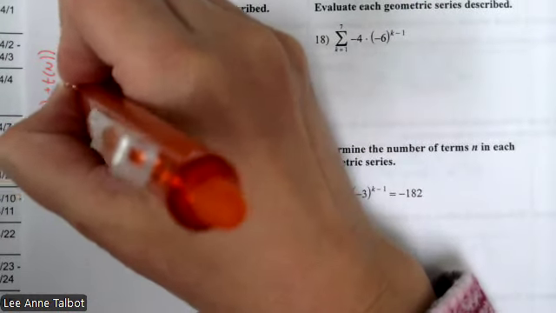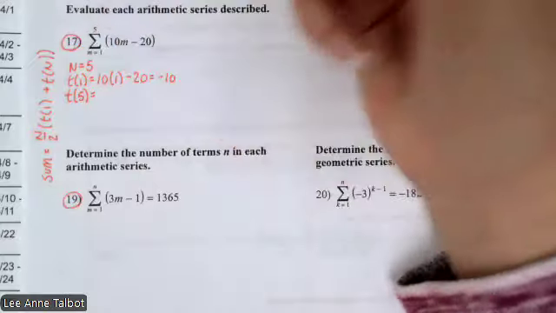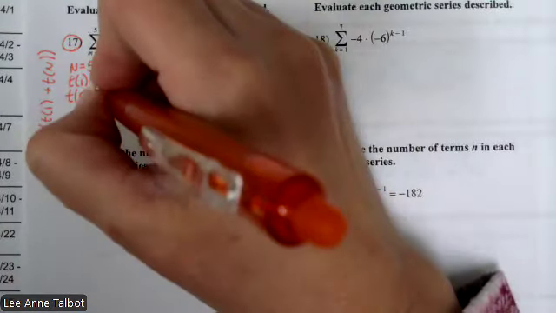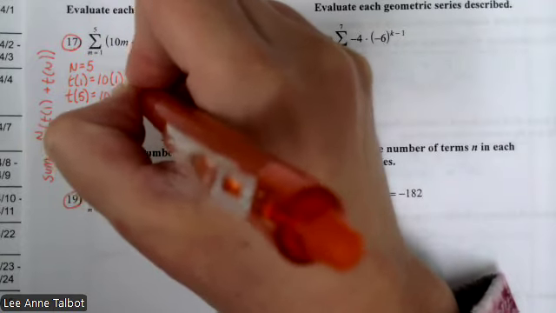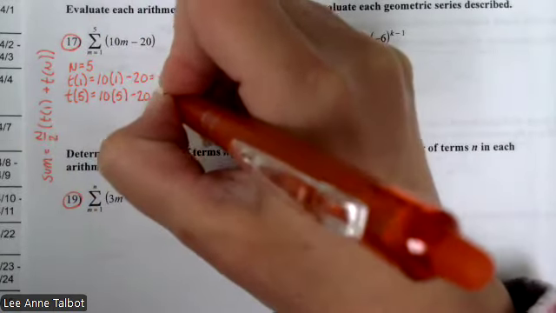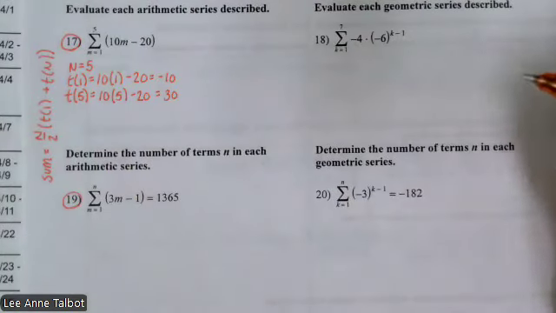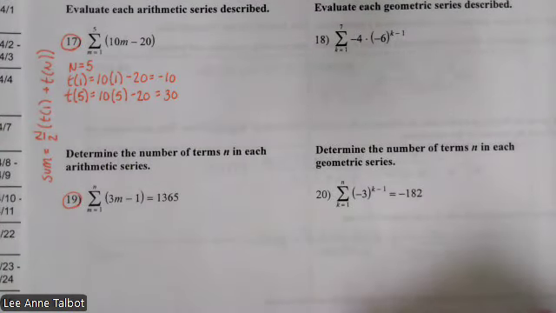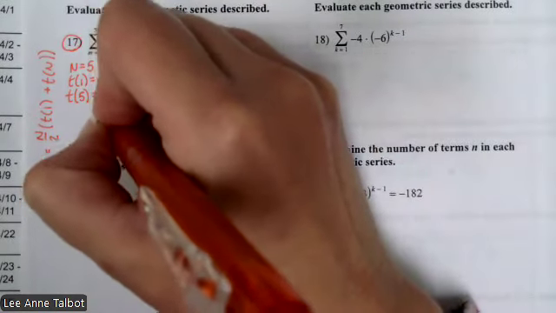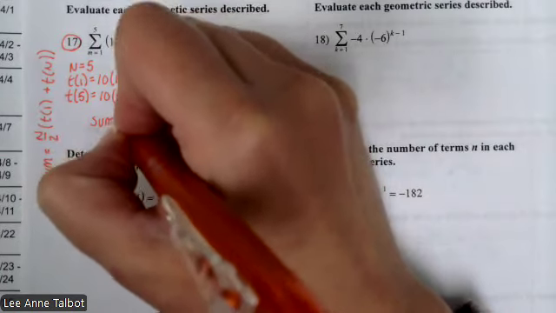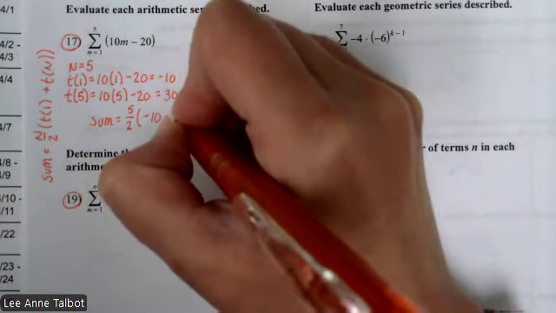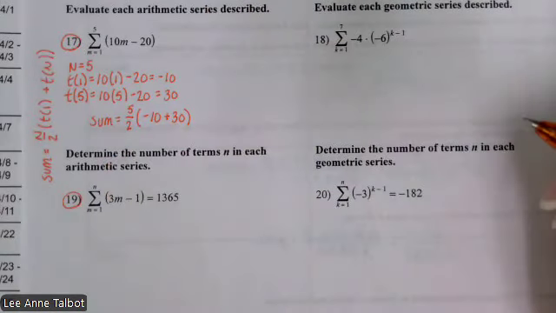And to get the last term, I plug in the last spot number, which is 5. Okay, sum equals 5 over 2, negative 10 plus 30.